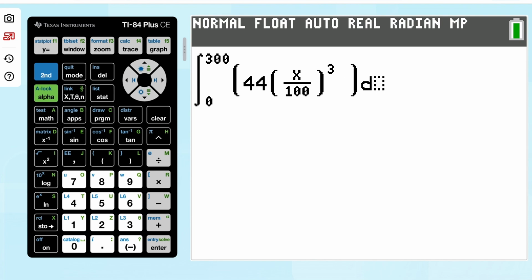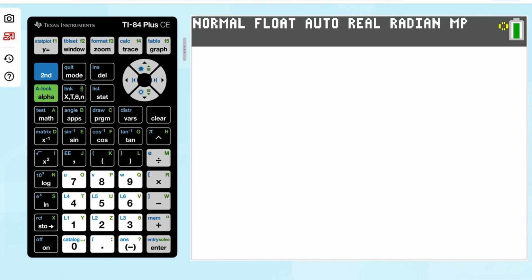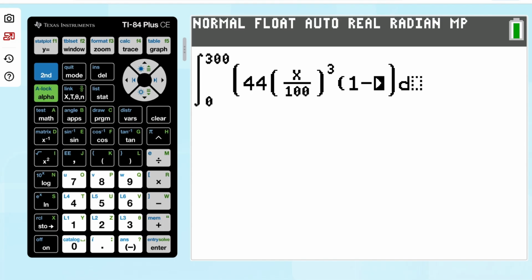And then we're going to multiply that by, in a new parenthesis here, 1 minus, and we're going to get another fraction with the alpha x button. And then it'll be x over 300 this time. And then when we close that one, we're going to raise that one to the power of 7. And we'll throw our dx out there at the end, of course.